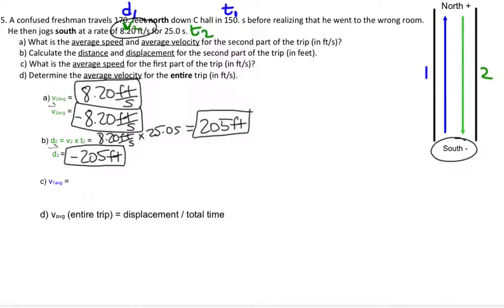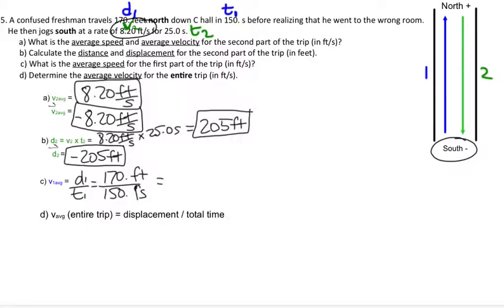Part C says, what is the average speed for the first part of the trip in feet per second? Average speed is simply distance divided by time. It's provided. D1 and T1 are given. 170 feet, with a visible decimal, that helps you with sig figs, or 150 seconds.